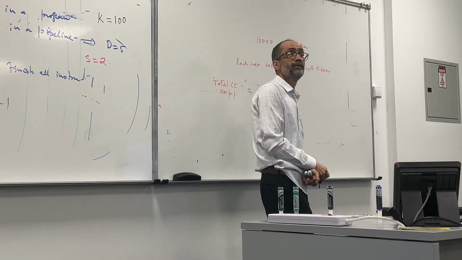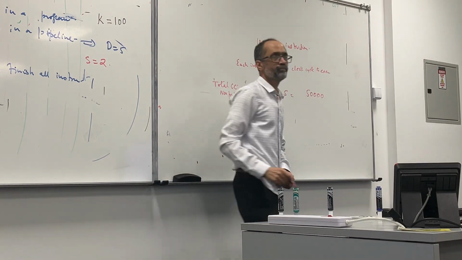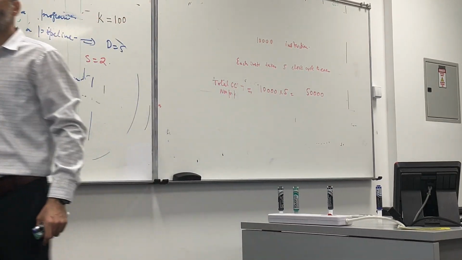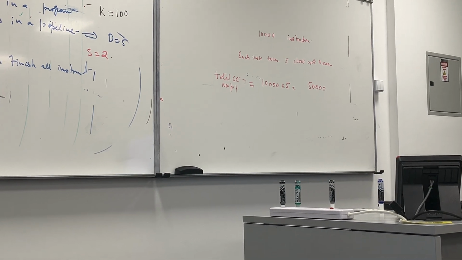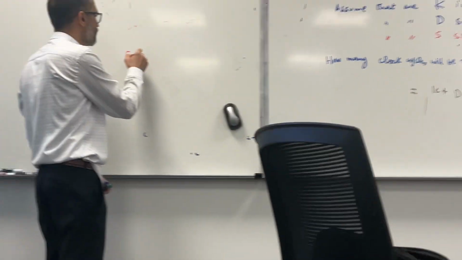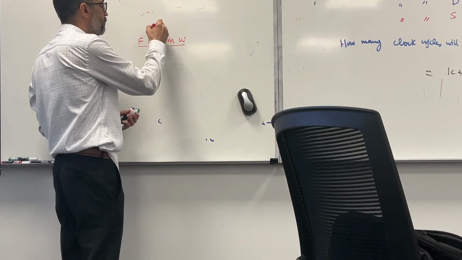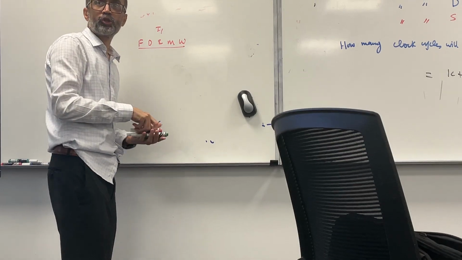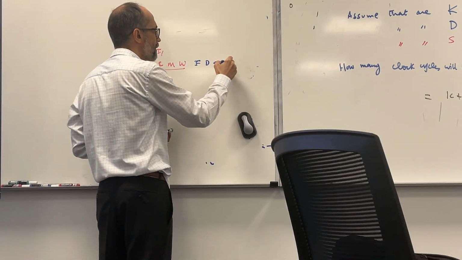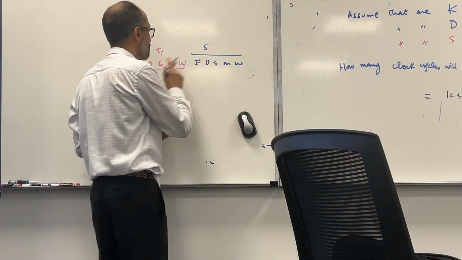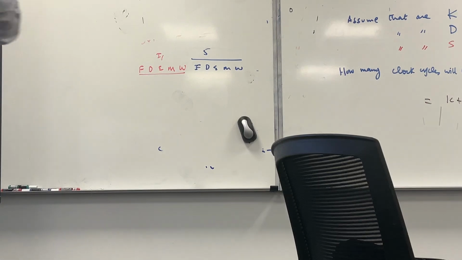How many clock cycles? 50,000 clock cycles. Because we have fetch, decode, execute, memory, and write back. This is instruction 1, my I1. When should I2 start? I2 should start from here. I2 fetch, decode, execute, memory, and write back. It also takes 5 clock cycles. So the total number of clock cycles will be 50,000.